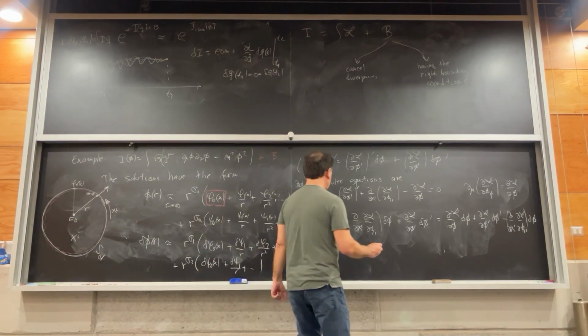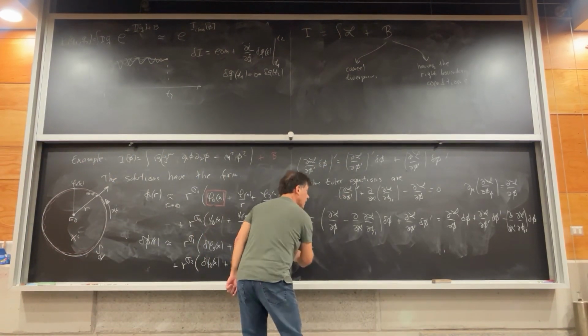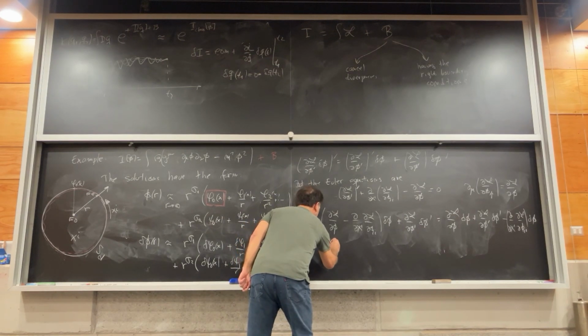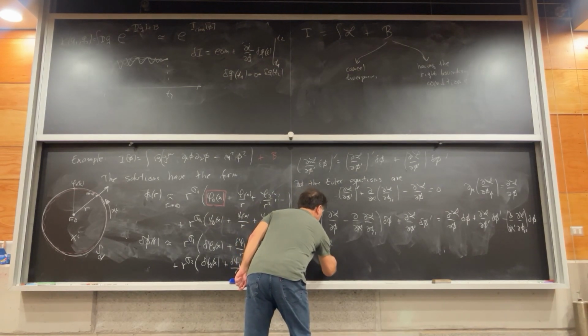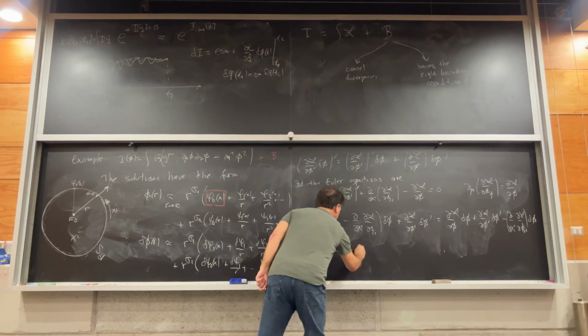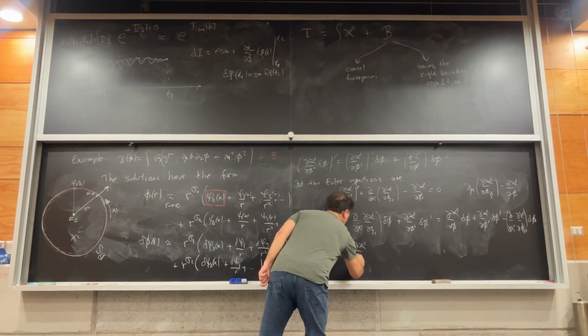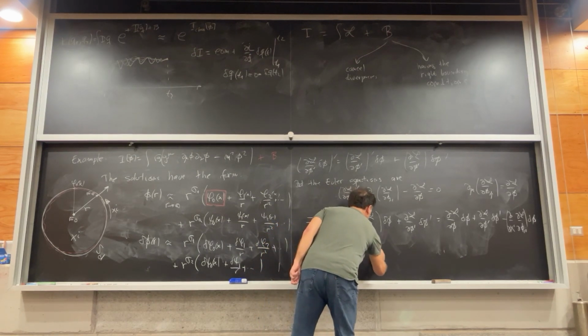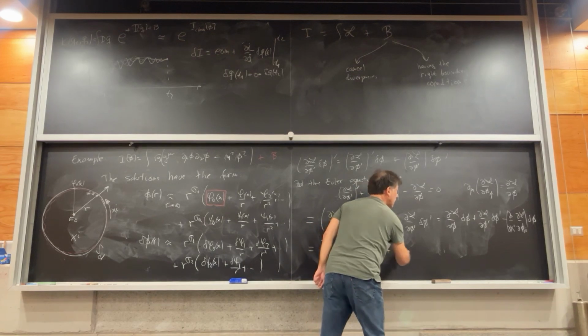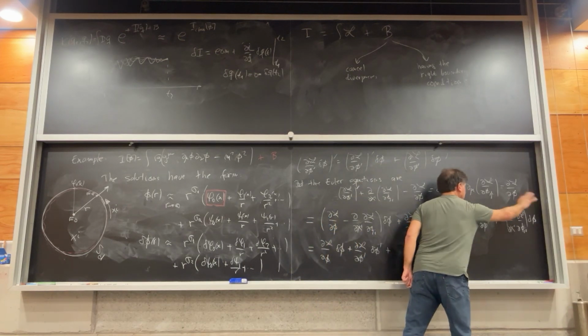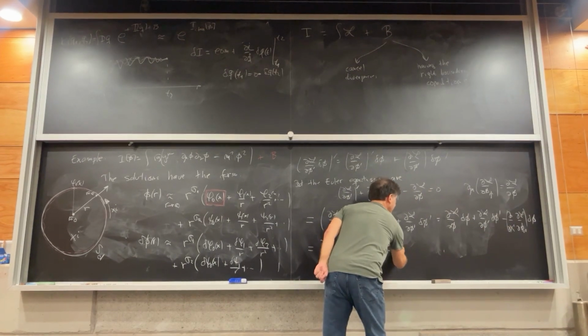I will continue here. I will do an integral by parts. I take this derivative and then I pass it to the other side, so I will pick up a plus sign.